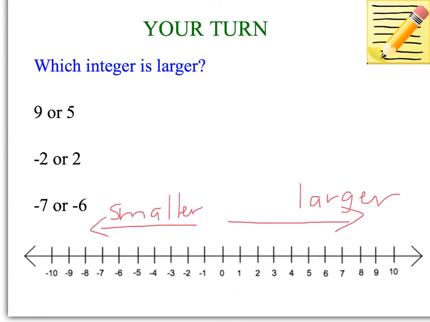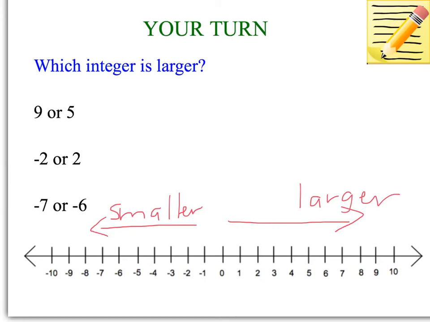Now that's pretty easy to understand with positive numbers. We know that 150 is obviously bigger than 6. But when we get to the negative numbers, negative 150 is actually less than negative 6. So we need to understand that just because the number looks bigger, if it has a negative sign, the larger numbers are actually smaller as they go to the left.